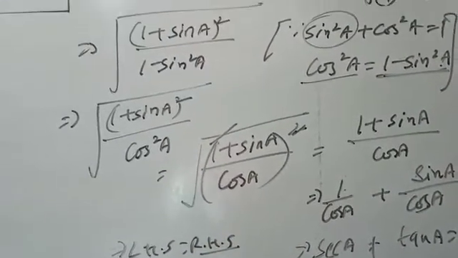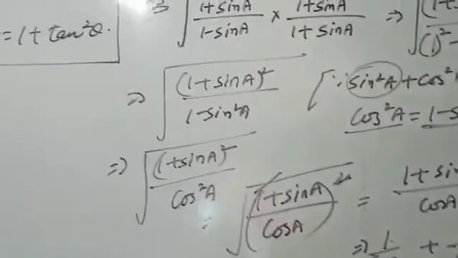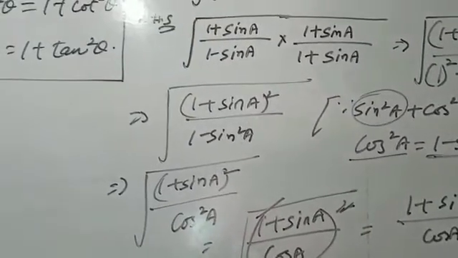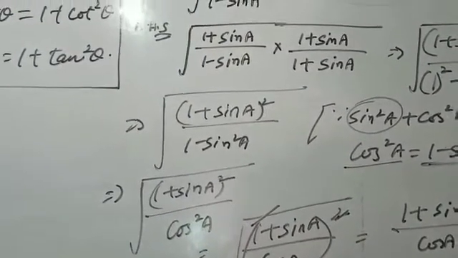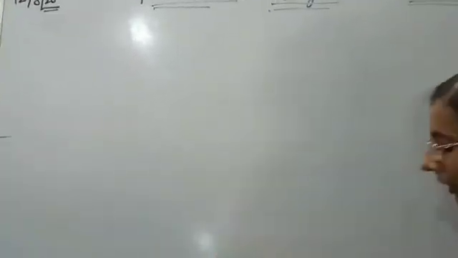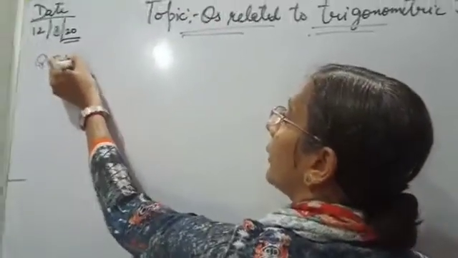Okay, so let us start one more question related to the same topic, Exercise 8.4. In this one question all three identities are used. That is question number 5, part 8.